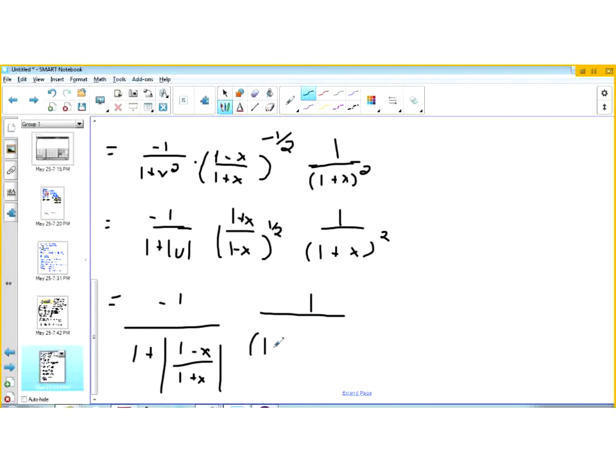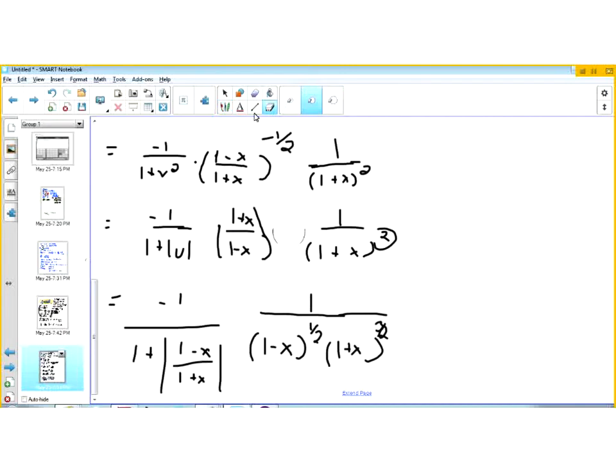Oh, sorry, not right. We have to subtract exponents, right? So that would be 1 over 1 minus x to the 1/2, times, okay, so we have 2 minus 1/2, so that would be 3/2, right? 1 plus x to the 3/2, like so. Because 2 is in the denominator and 1/2 is in the numerator, okay?